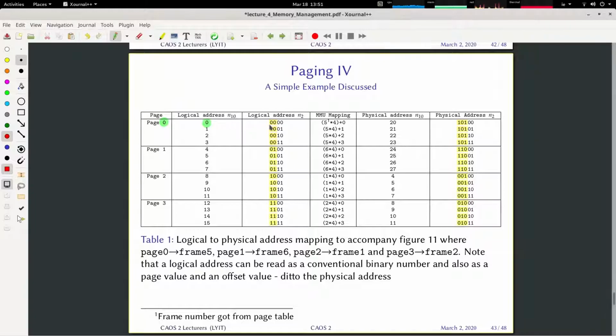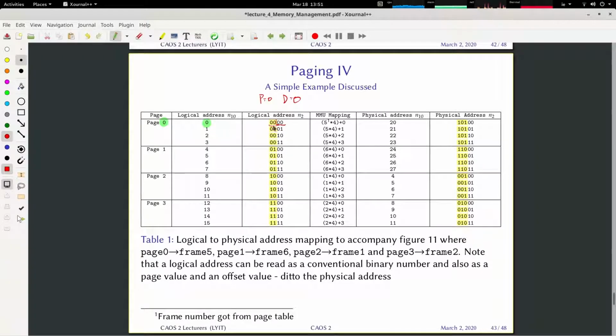So I'm going to split this number into two parts. The first part is the page number, and the second part, this bit here, is the offset number. The page number for this address is 0, and the offset is 0 as well. We'll park that for the moment.